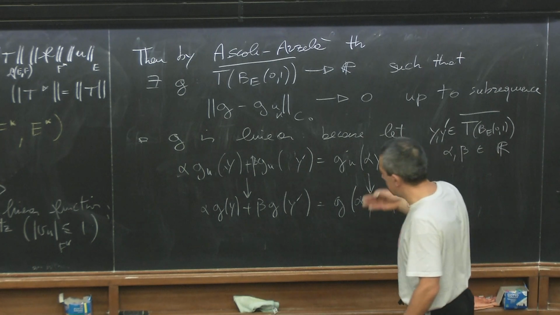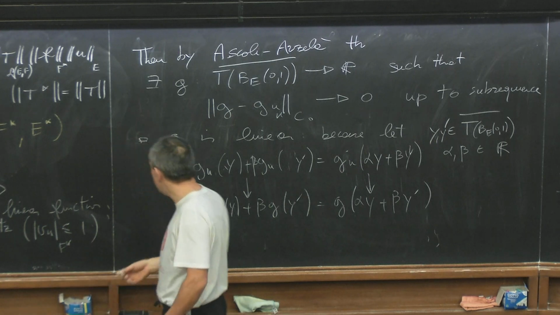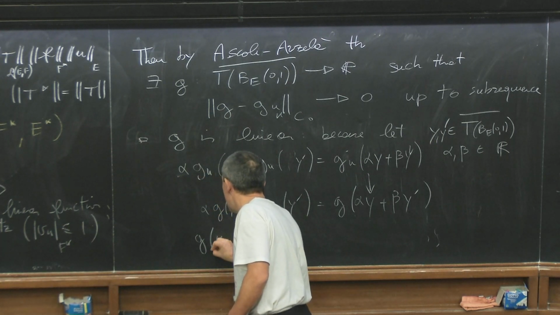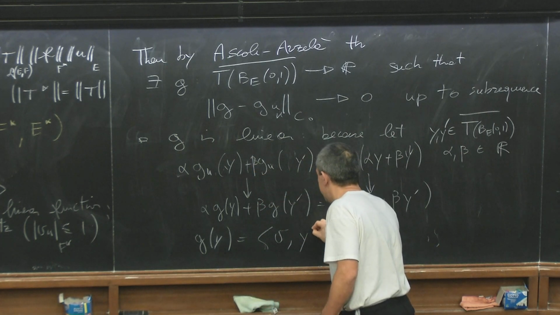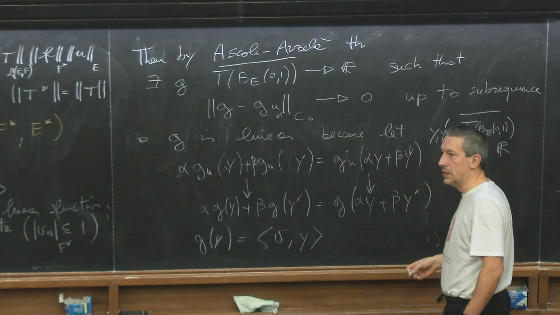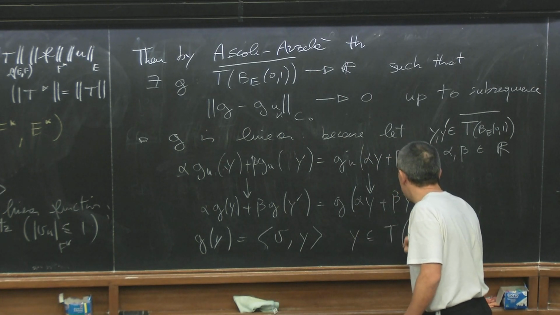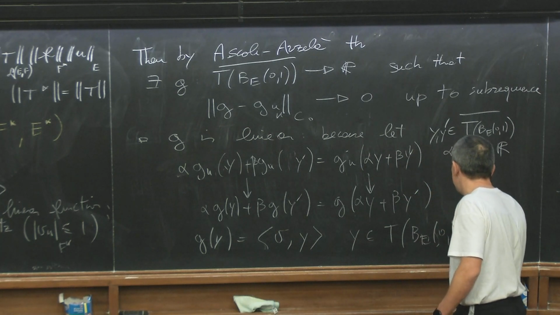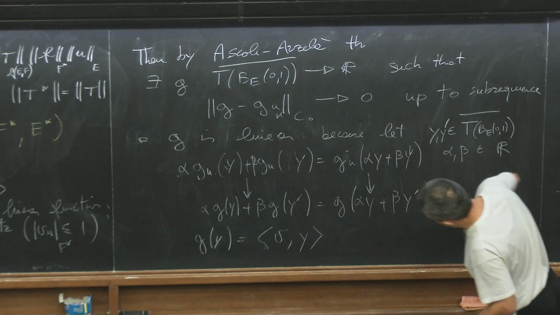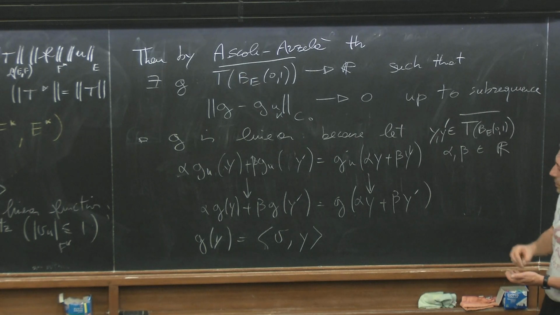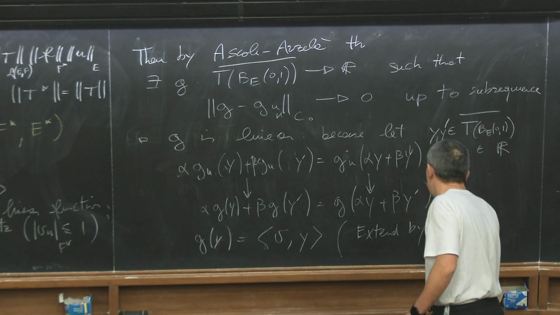Hence, since it is a continuous functional and it is still 1-Lipschitz, because this relation also passes to the limit, we say that G is represented by some V over Y. This holds only for Y, the image of the unit ball, in the subspace, where it is represented by a linear function. It can be extended by Hahn-Banach.